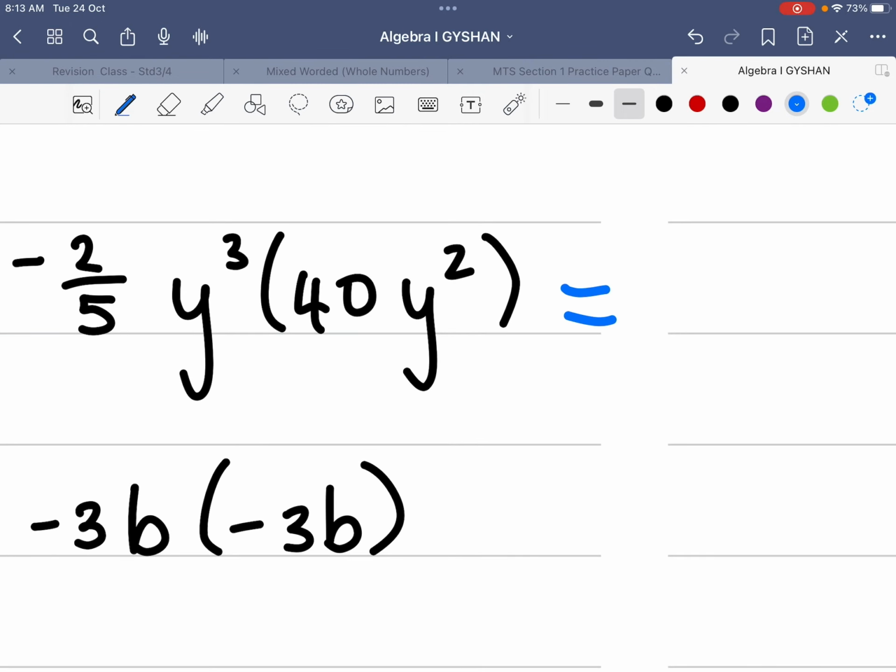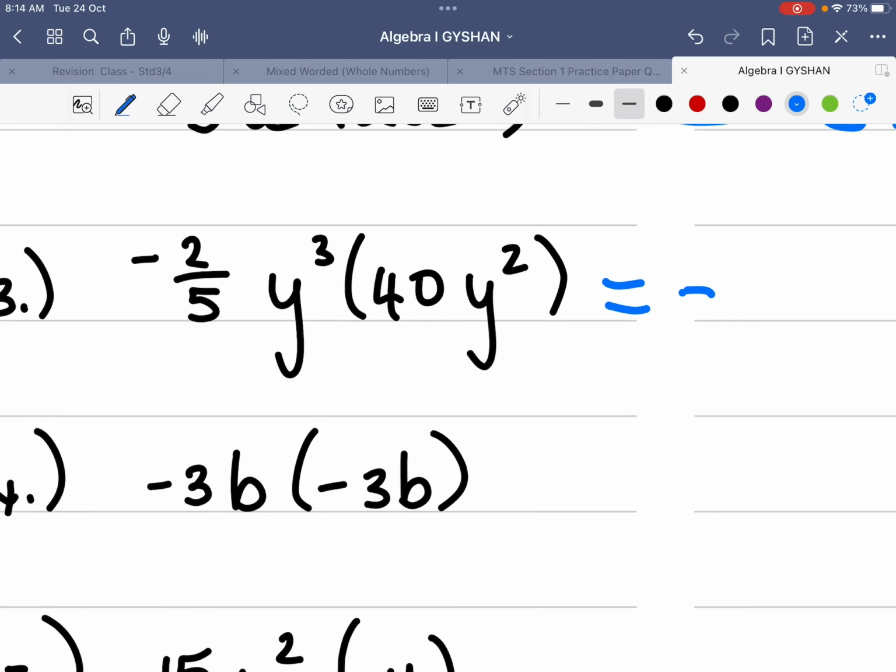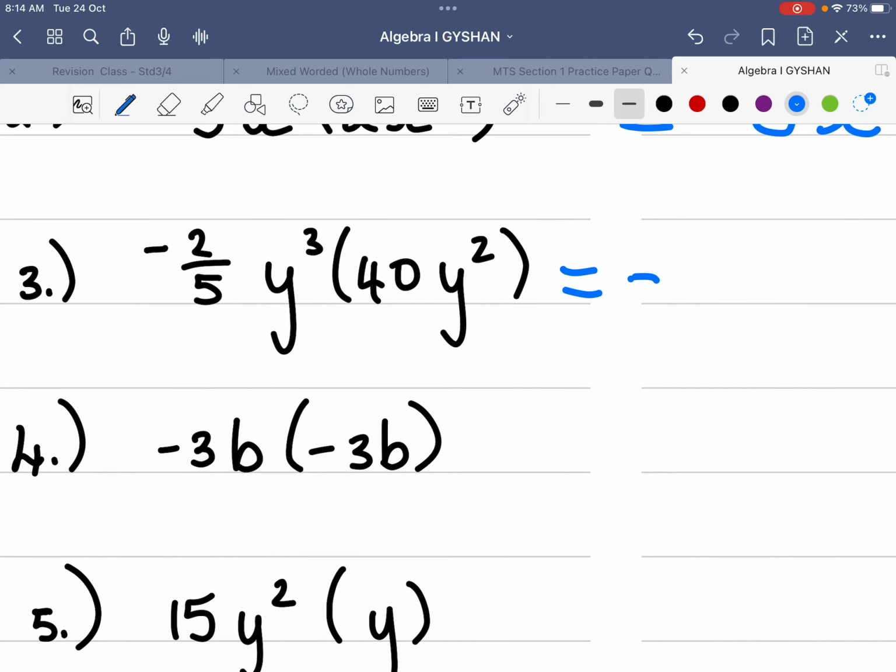So let's start with the signs and the numbers. A negative number by a positive number, if no sign is given, a positive is understood, that will give you a negative number. And then 2/5 of 40. 2/5 multiplied by 40.